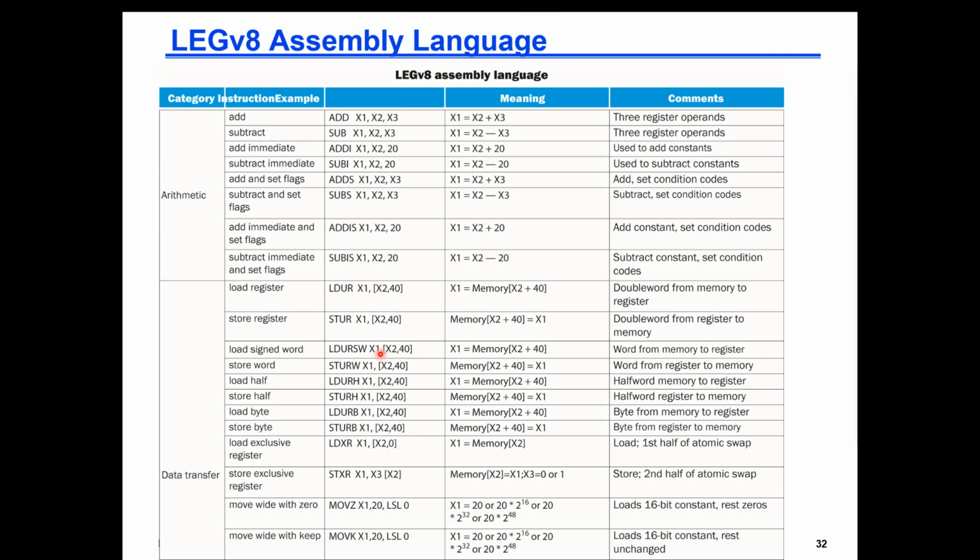Okay? Storing a word, loading a half, which is a half word, so half the number of bytes of a word, storing half a word, and then loading and storing a byte.